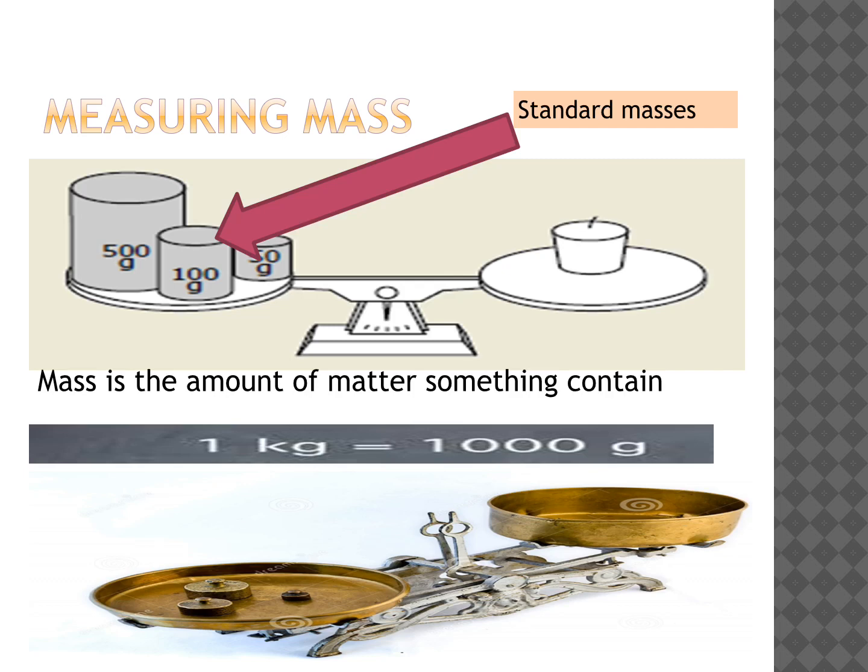I will put my strawberry in one side of the pan balance and my standard masses in the other side. Once the pan balance is level, both sides are equal. So I have 2 kilos on both sides, then I know I already got 2 kilos of strawberry.